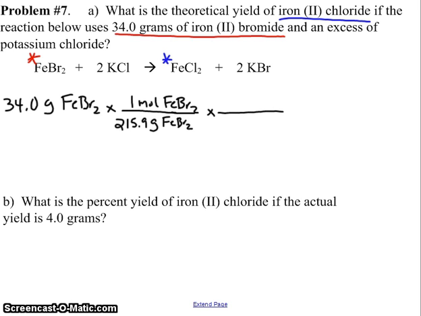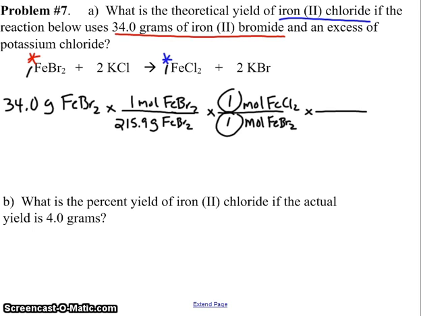Our second step is going to take moles of FeBr2 in the denominator, and we're going to convert it to moles of our final product, which we're looking for, the FeCl2. Now the numbers that are going to go in here are going to come from our balanced equation. Since this equation is already balanced, we see it is a 1 to 1 ratio, so that keeps our math pretty simple.